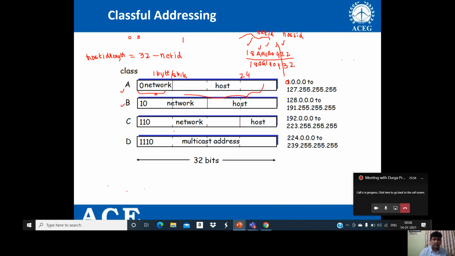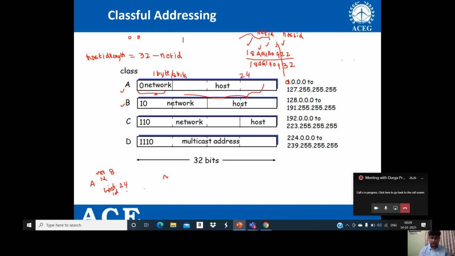Okay, sir, what is the significance of network ID and host ID? Now let me tell you, for class A, the network ID length is 8 bits and the host ID is 24. When the network ID length is 8 and host ID is 24, the first thing we need to understand is the total possible networks.